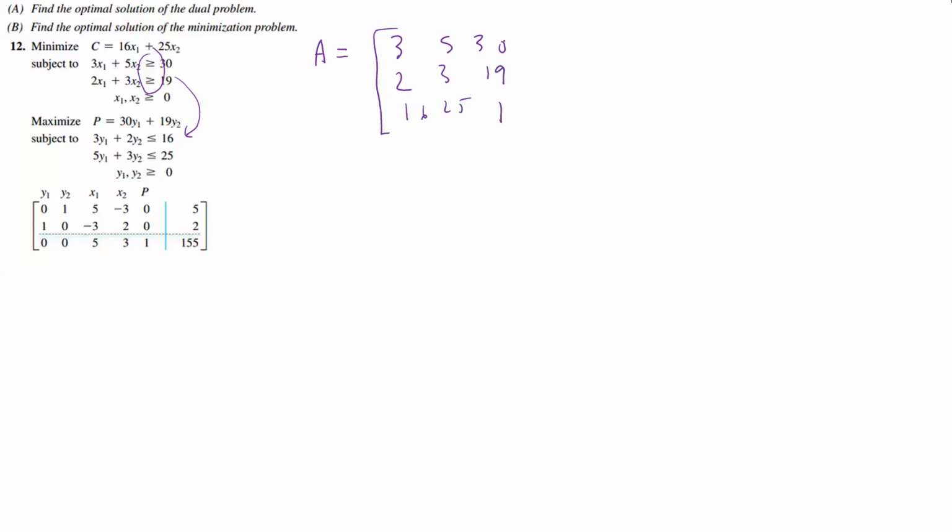And so that would be our A matrix, again, x1, x2. Then we do A transpose. So basically, the first row becomes the first column, second row becomes the second column, and then the third row becomes the last column.